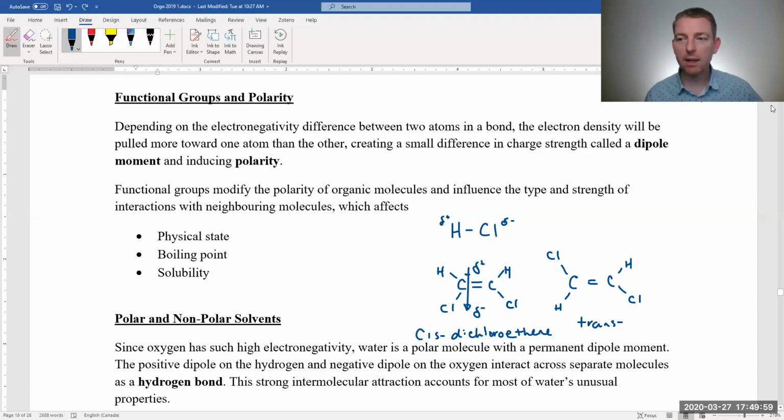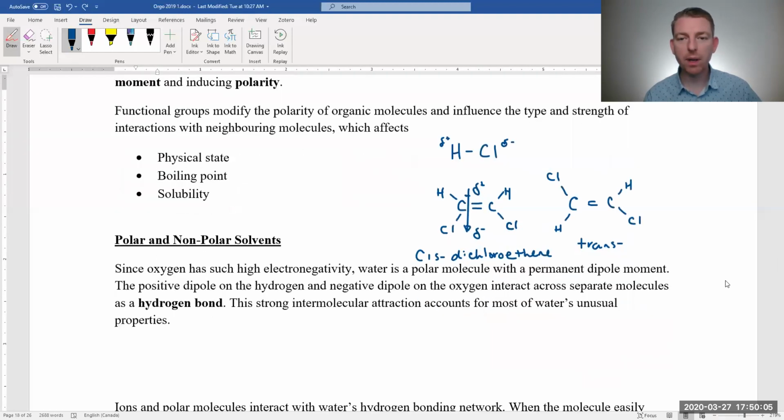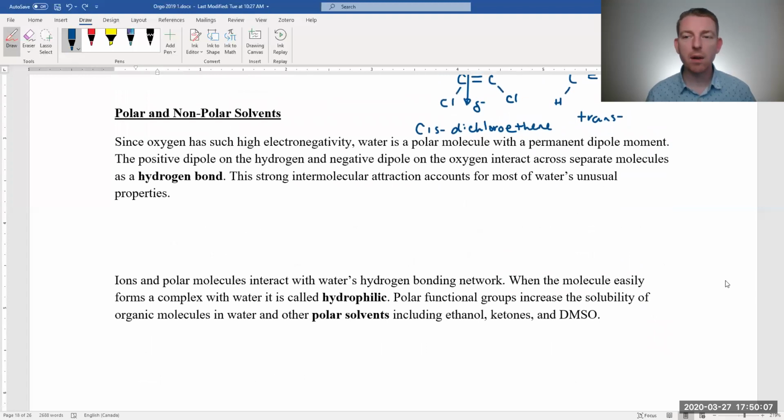Okay, so why do we care in terms of organic molecules and organic reactions? We have to think about what kind of solvents we're doing these reactions in. So water as a molecule, if we look at it, so we've got oxygen with two lone pairs. So this is at a very high electronegativity on the oxygen.